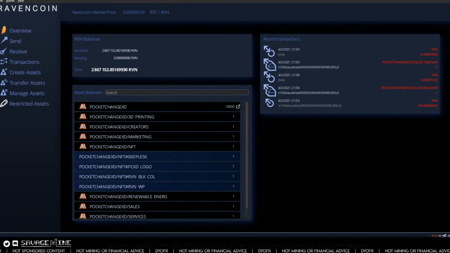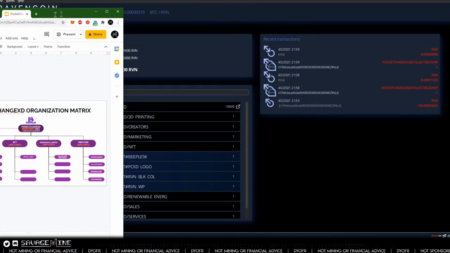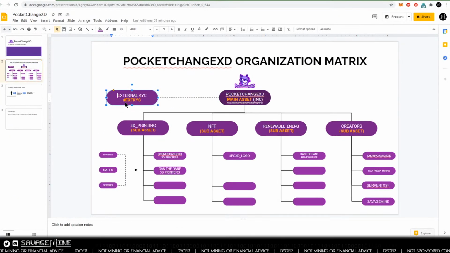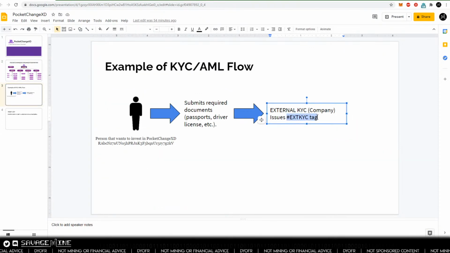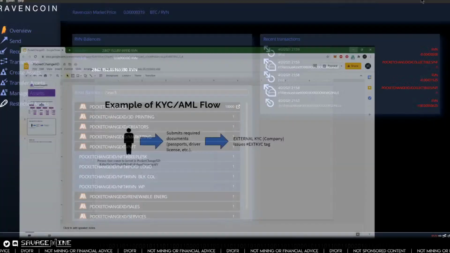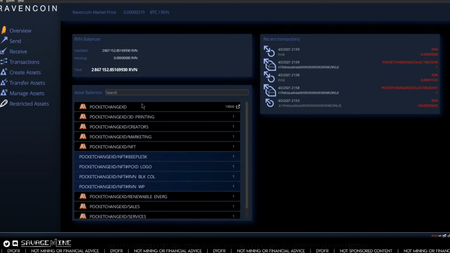And remember from our little presentation, that's going to be EXT KYC is the name of it. Let me show you this real quick again. So we're going to create this tag right here. That's what we're looking at doing. So that's where we're going to start.